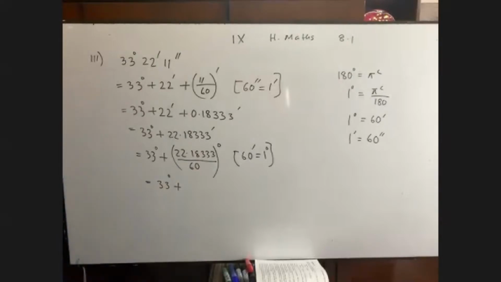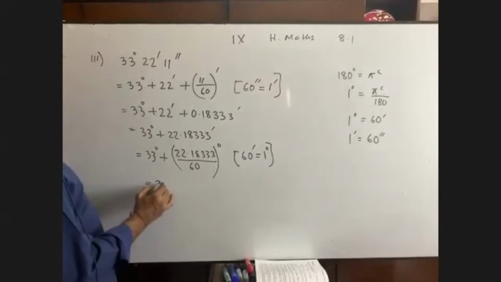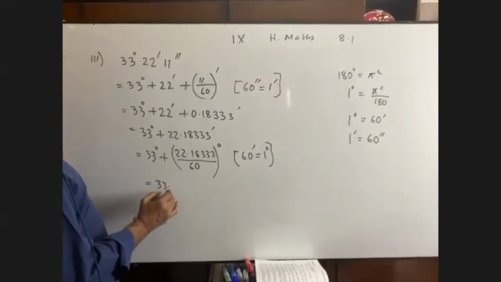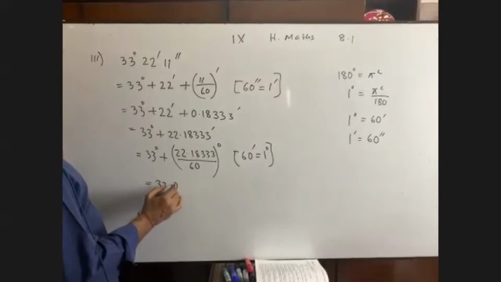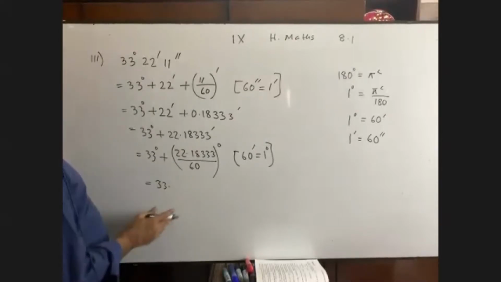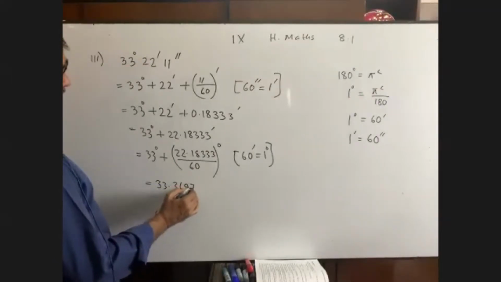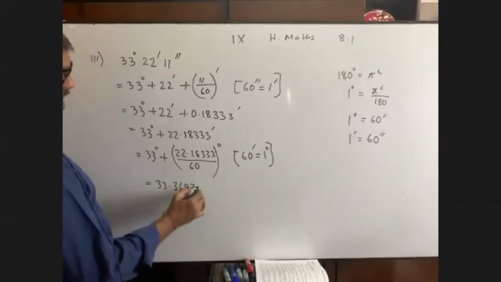Sir, 0.3697. Wait, so you can write at a time 33 point 0 point 3697, then 22166.